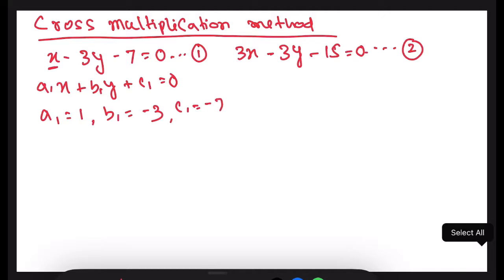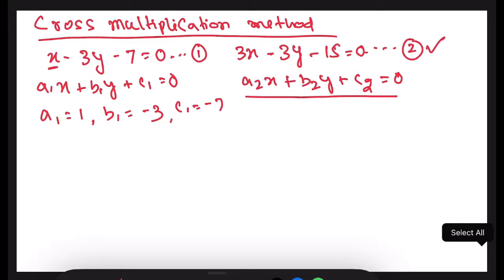Then the second equation, A2x plus B2y plus C2 equals 0. Now, we shall compare this with our second equation. So here A2 equals 3, B2 equals minus 3 and C2 equals minus 15.